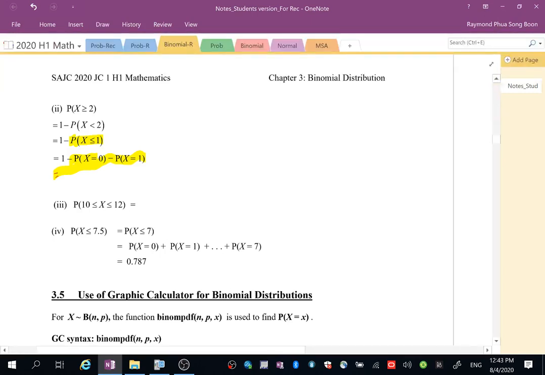Okay, so now we can apply that formula to sub in the values. So probability X = 0 would be, you just replace the small x by 0.